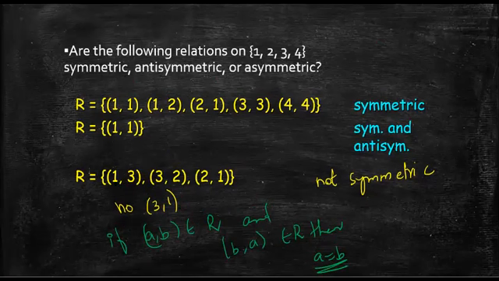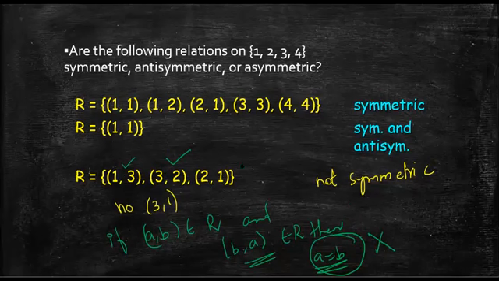So over here, we have A comma B, (1, 3). Do we have (3, 1)? No, we don't. Then even if A is not equal to B, it is antisymmetric for this element. Similarly, for the next element, we have (3, 2), but we don't have (2, 3). So we don't need to verify the condition A is equal to B in this case. Then the next one is (2, 1).